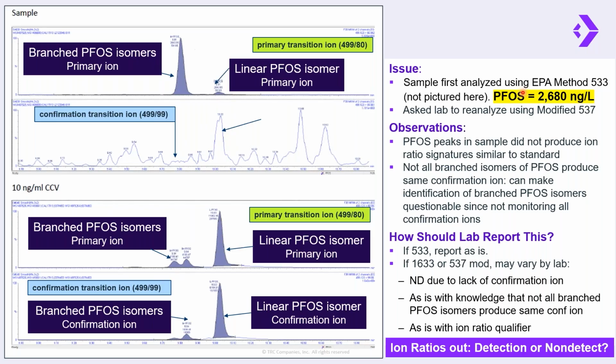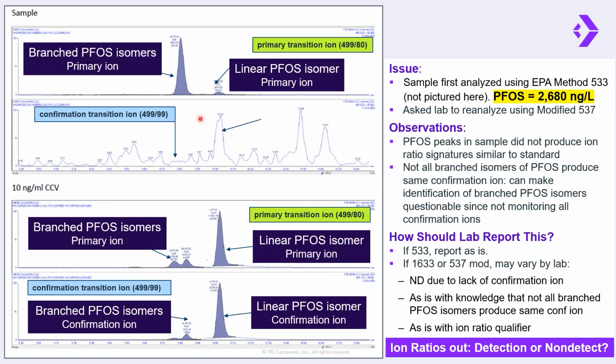But now we use EPA 537 modified with confirmation ions, and the identification has now become questionable. So there's no standard guidance really out there on what labs should do when 1, there's no confirmation ion present at all, or 2, the ion ratio is outside acceptance limits. Some labs may report this as a non-detect because there was no confirmation ion showing up for this major peak.